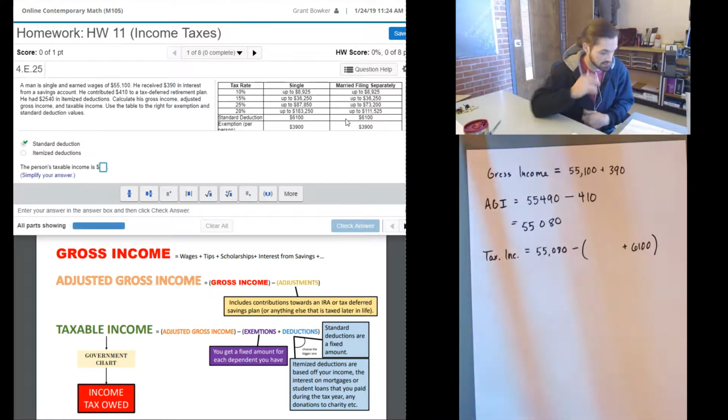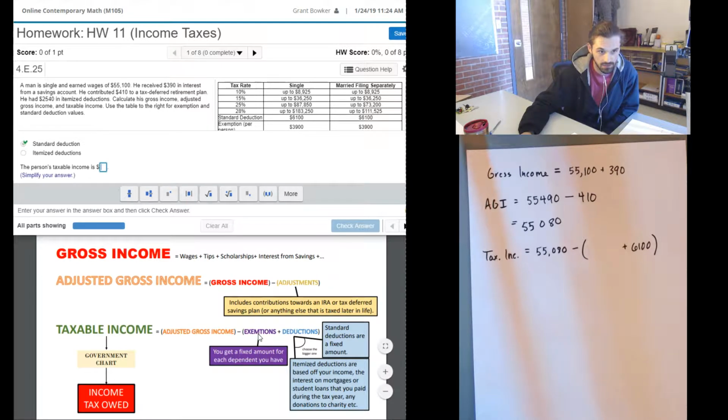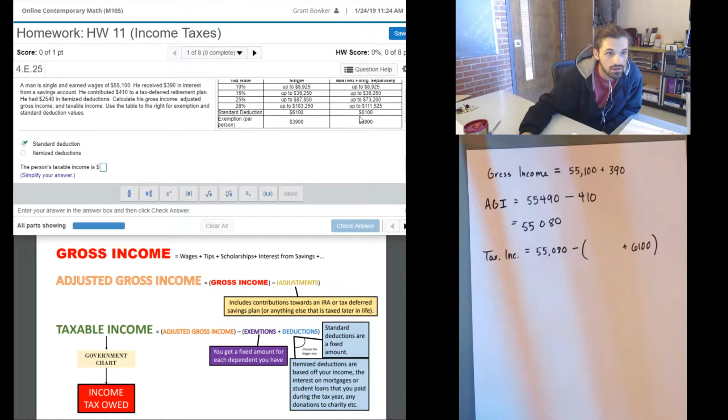What are we told about exemptions for this individual? He had itemized deductions. Didn't say anything about any extra exemptions. So this individual gets to claim one exemption. Exemptions are based upon your family size, essentially. You get a fixed amount for each dependent you have, and you get to claim yourself as a dependent. So exemptions per person, it looks like $3,900 was allotted.